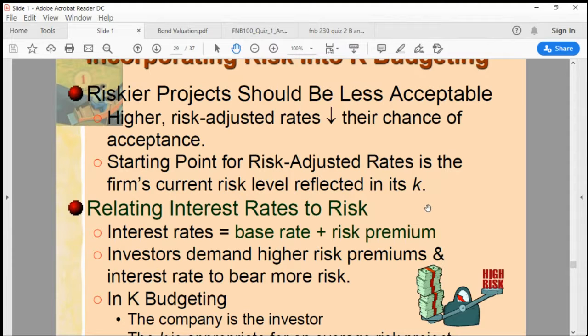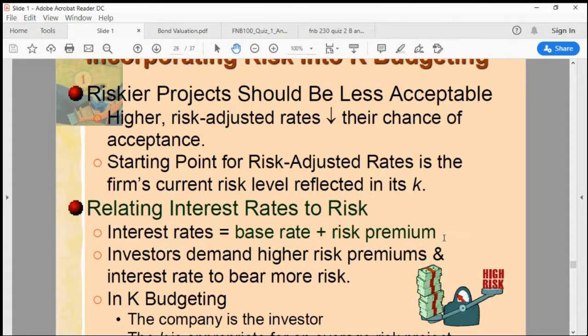A firm's current cost of capital, this is something we already did in cost of capital, right? In that risk premium method, right? And CAPM, right? Interest rates basically consist of base rate plus risk premium.